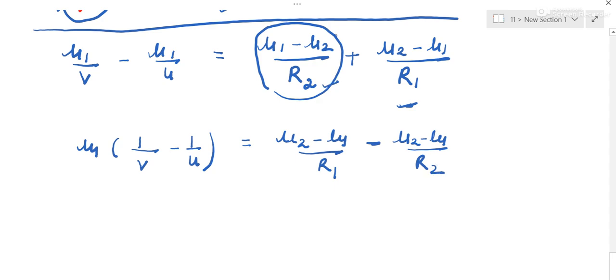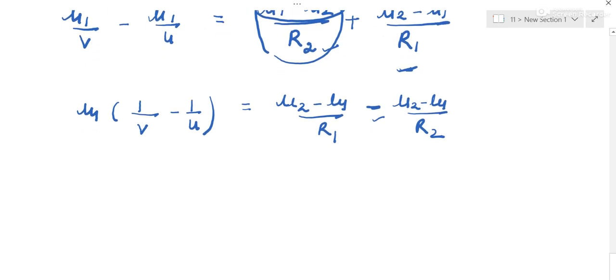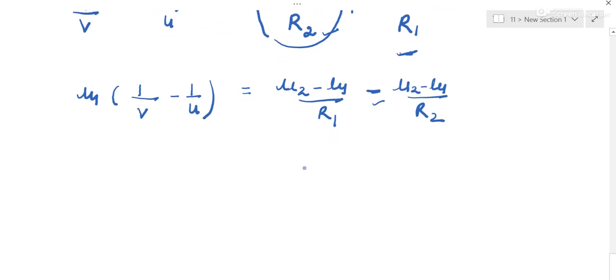From upper term I have taken negative common. Okay, the sign is changed. So now I'll take common mu2 minus mu1. What is left inside is 1 by R1 minus 1 by R2.